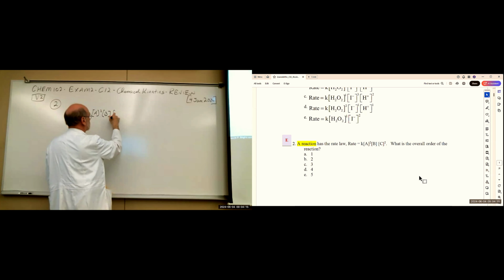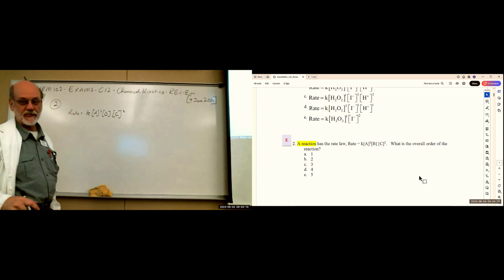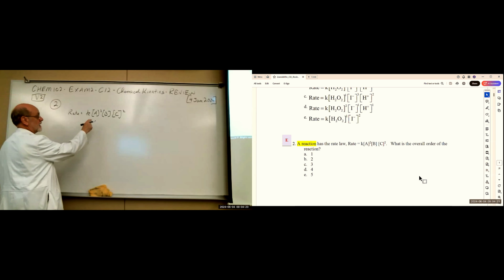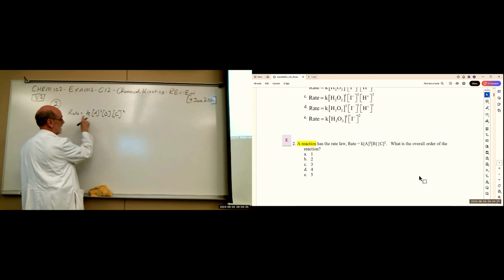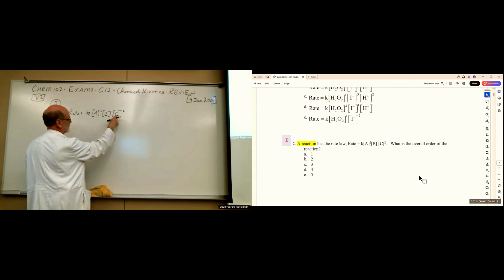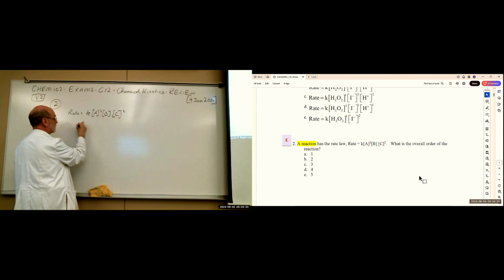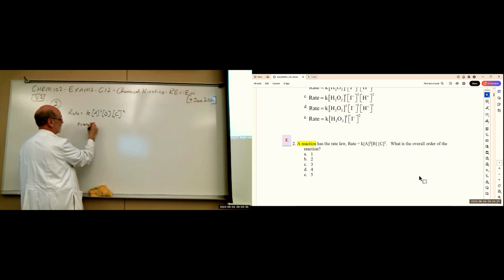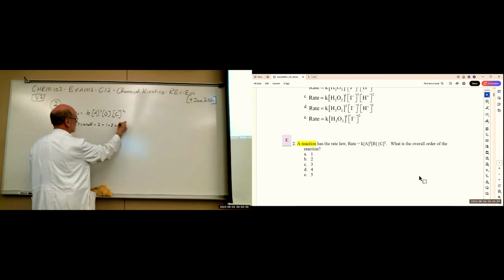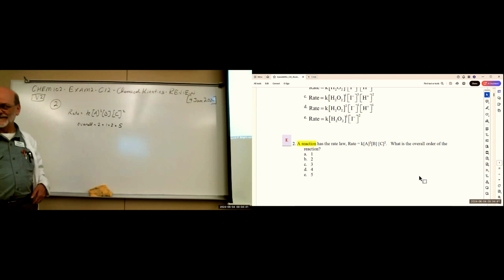Yep. And this is second order. Okay. What's the overall order? This is the order with respect to that reactant or component. Order with respect to that one's 1, with that one's 2. Overall, you just add them together, right? 2 plus 1 plus 2 equals 5. Okay. Yep.